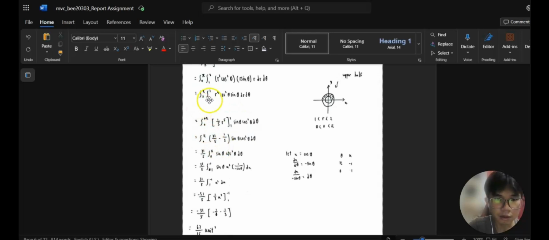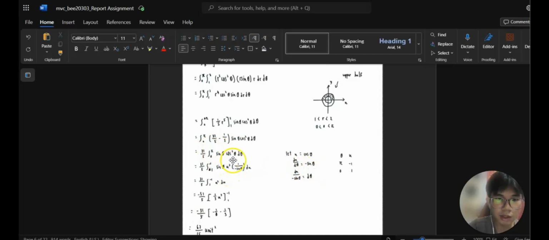Next, we integrate the first, which is 1 to 2. We substitute in, and we can get the answer 31 over 5. And next, we let u equal cos delta. So we substitute here and there, and we get du over negative sine delta equals d delta, and we substitute in here.